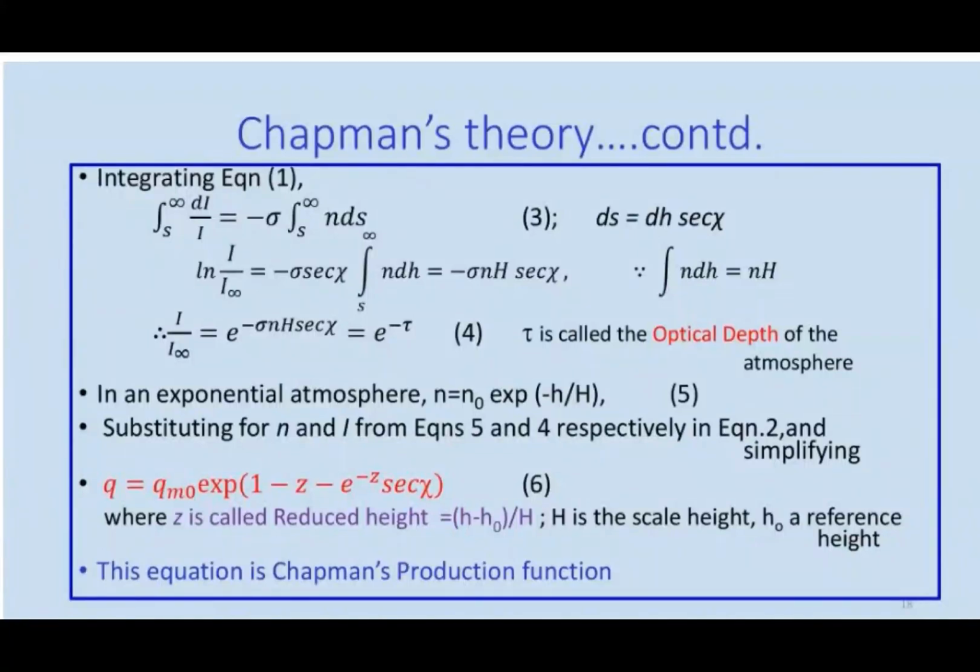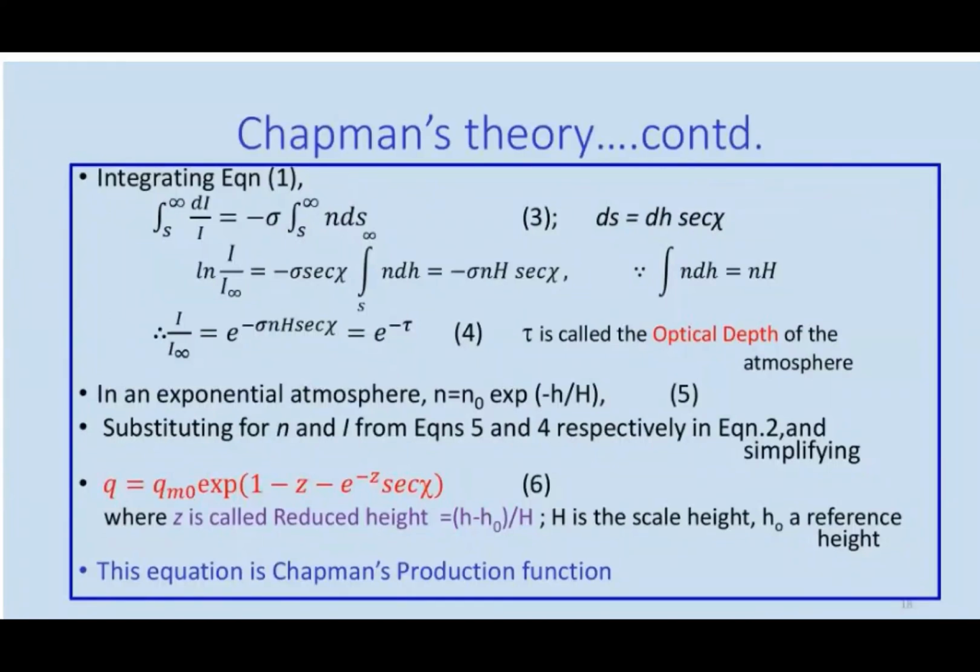By putting all these things together and making this integral, we can write an equation like this: I upon I infinity is equal to exponential minus sigma n H secant chi. This factor is written as a constant tau, which is called the optical depth of the atmosphere. That decides up to how much depth a particular radiation can penetrate, and at that depth its intensity becomes insignificant.